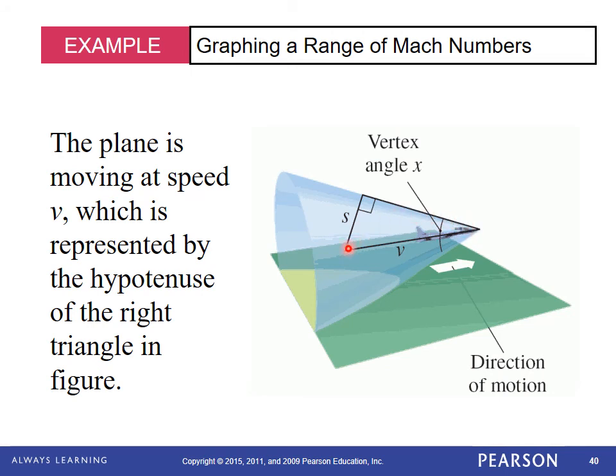So again, the velocity here forms a right triangle. Right here, the speed of sound is represented by S. The velocity of the airplane is represented by V. And then we have a vertex angle X right over here as well, which we'll talk about in just a bit.